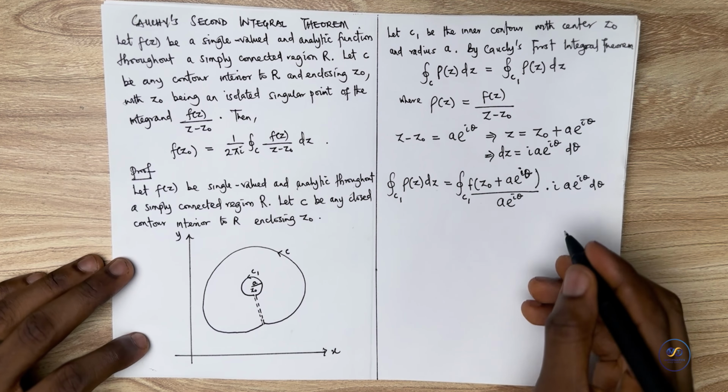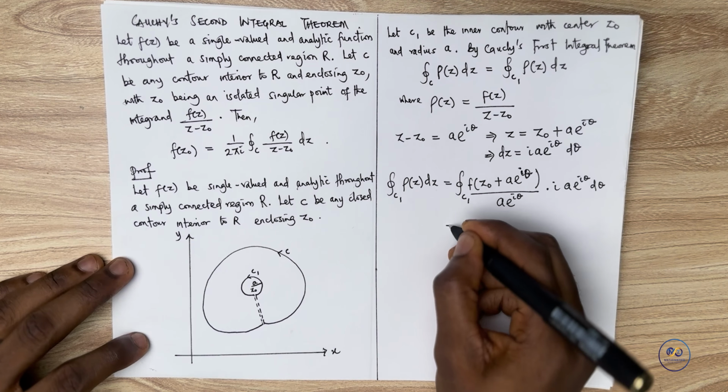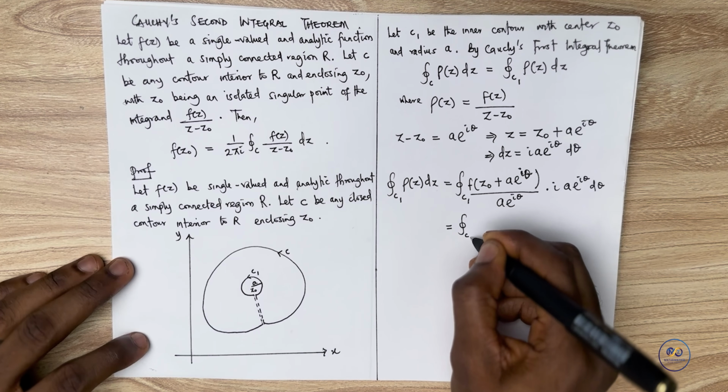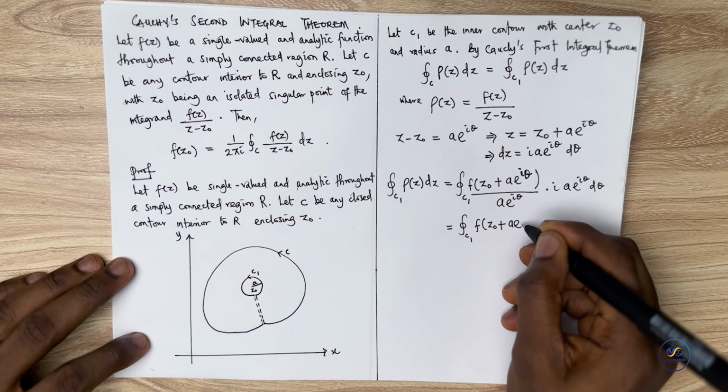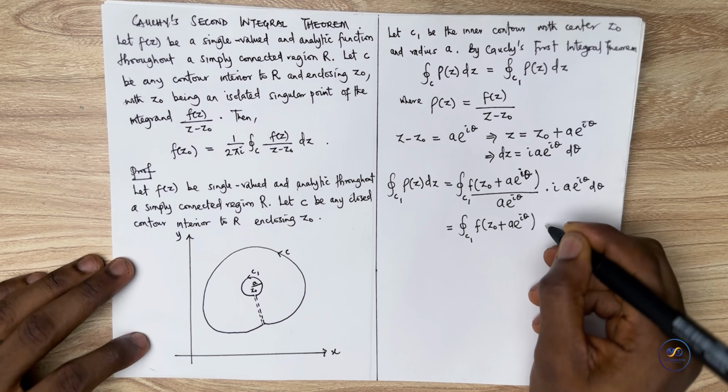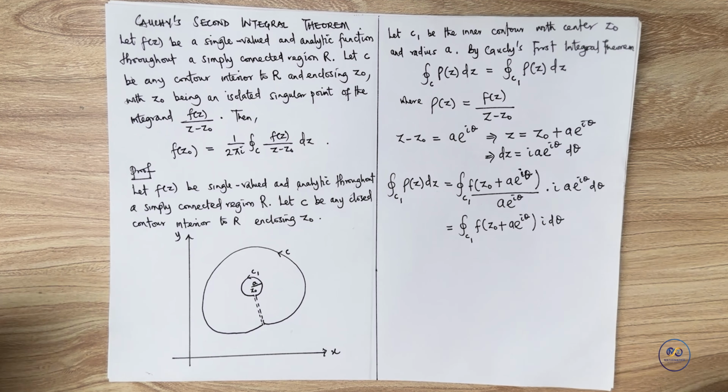There we go. So this cancels out. So we are going to be left with the integral over C1 of f of z naught plus a e raised to power i theta, i d theta.